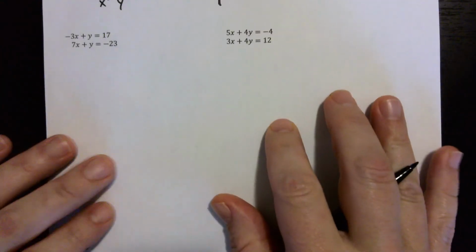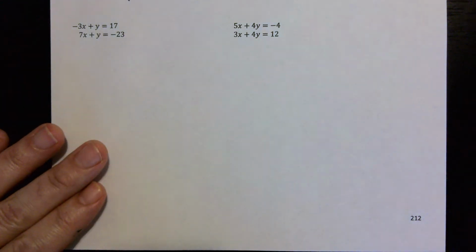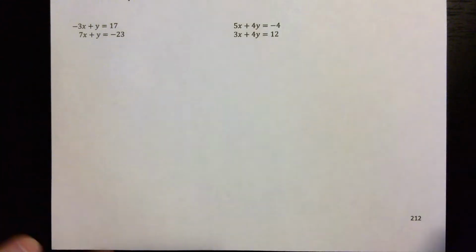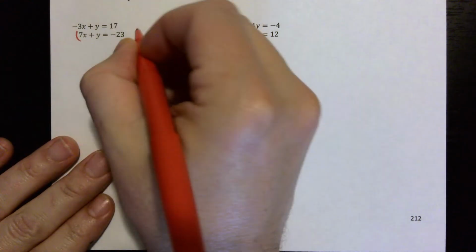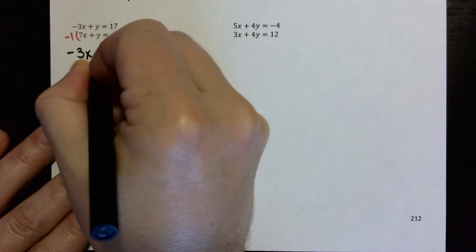Okay, let's go to another one. This one on the left here. Notice that we have the same terms, but nothing is opposite. Okay, so I need to go ahead and multiply this one by a negative 1. So that will give me negative 3x plus y equals 17.